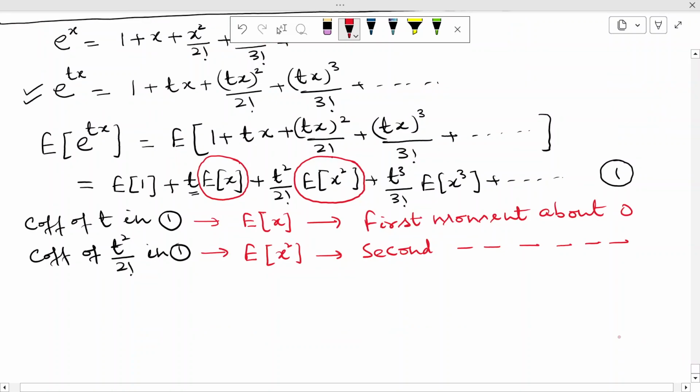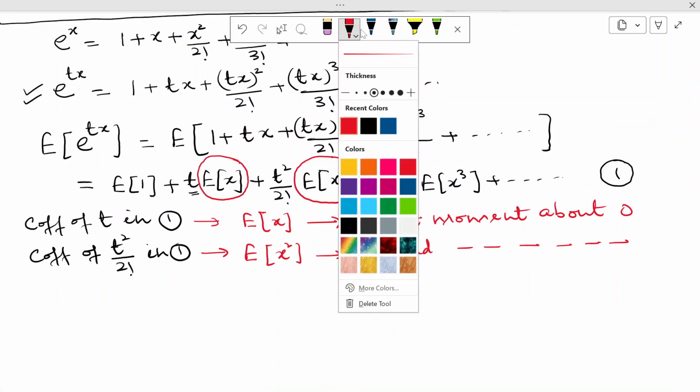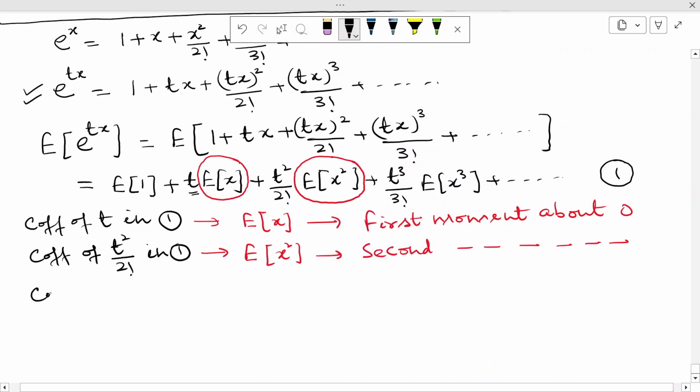Similarly, we can continue by collecting the coefficient of t cube over factorial 3, again in expression 1.